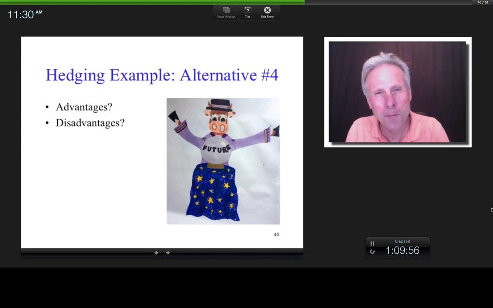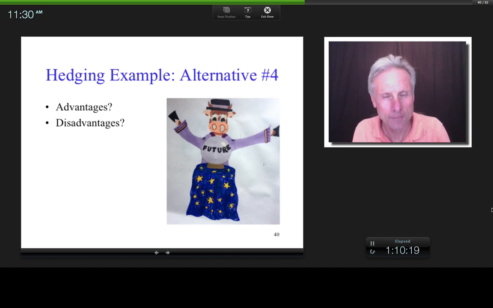Well, we have to come up with our margin, right? But relative to alternative number one, where we had to come up with practically $1 million, have we pretty much regained our credit advantage? We have, right? So we're perfectly hedged, more or less. We've regained our credit advantage to a reasonable degree.